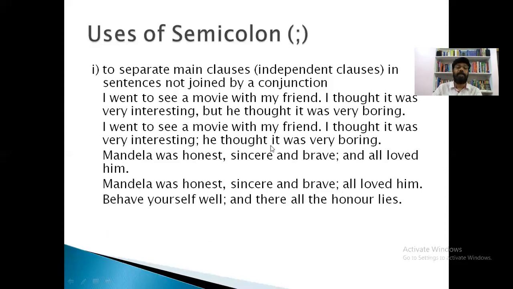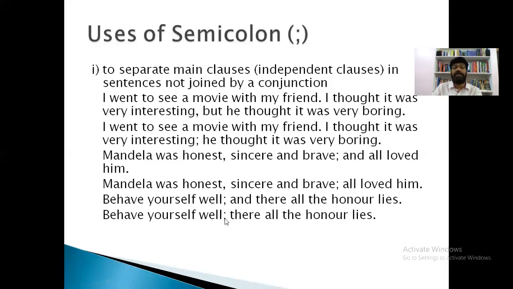Now, behave yourself well, and there all the honor lies. Behave yourself well; there all the honor lies. So here, semicolon and conjunction, we can use only one. If we use a semicolon, it means that there is a coordinating conjunction.